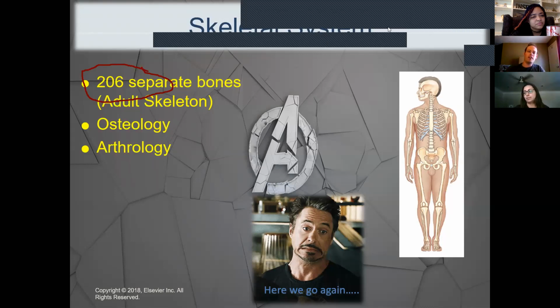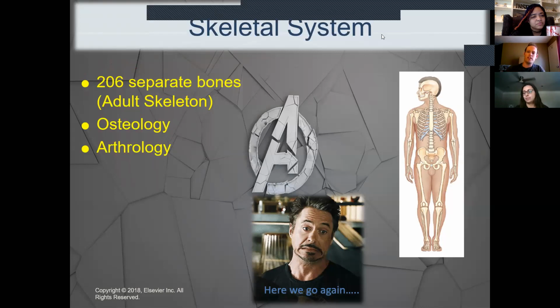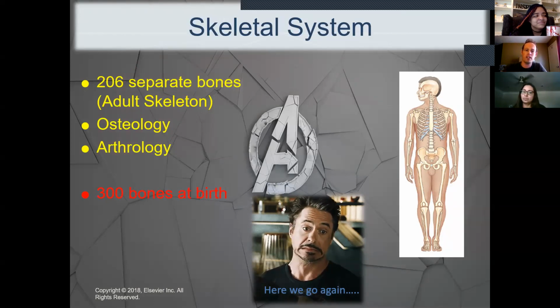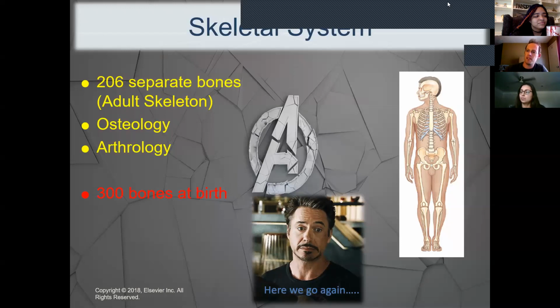I have 300 on the presentation, but do make sure you make notes, because my PowerPoint does not state that this varies from 270 to 300 depending on the age of the child. Obviously, the younger they are, the more bones there are because they're developing. They're mostly made of cartilage. As they grow older, those bones begin to fuse, and we get fewer bones as we become adults.